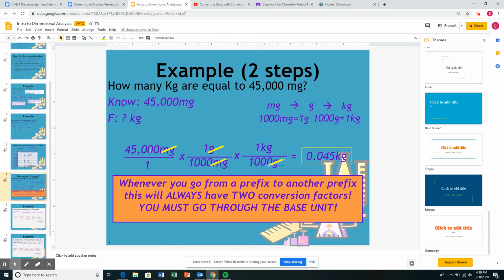So 45,000 divided by 1,000 times 1,000 is going to give us 0.045 kilograms. We want to make sure that whenever we go from one prefix, like milligrams, to another prefix, kilograms, we do 2 conversion factors just to keep our decimal points and our units the same.